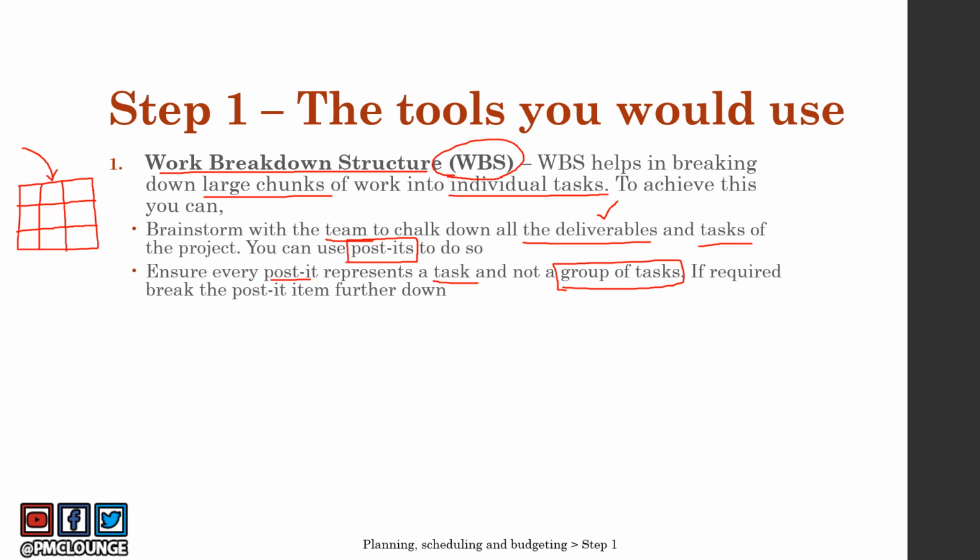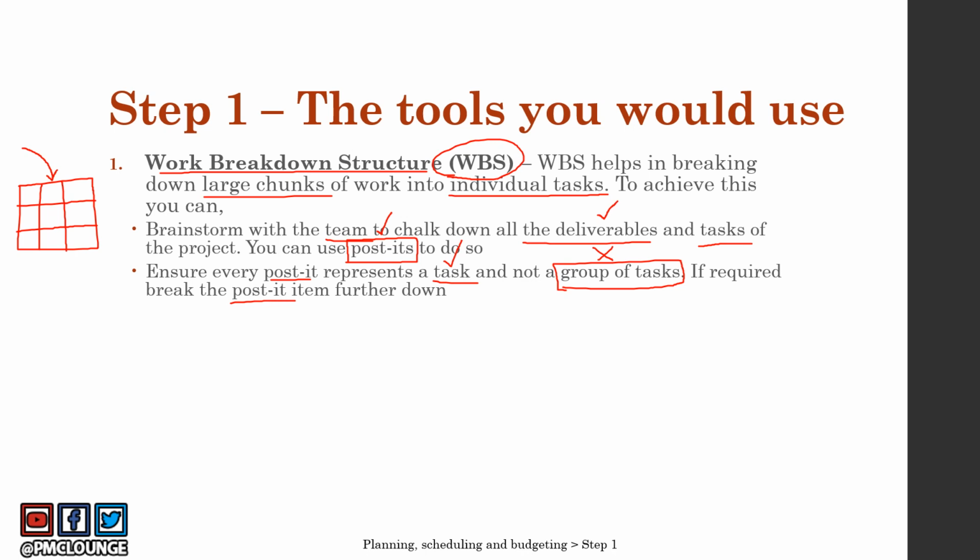So you need to make sure that these post-its that you have created by brainstorming in the first step of this entire process of creating the WBS should represent one task and not a group of tasks. So if required, you can break the post-it item further down.